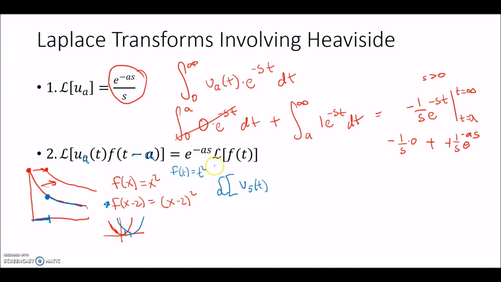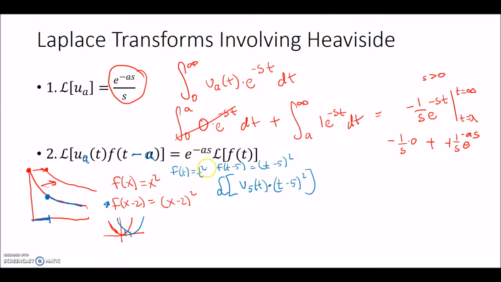So that means I'm going to shift t squared over 5 units to the right. So f of t minus 5 is equal to t minus 5 squared. So what I'm going to Laplace is the function t minus 5 quantity squared.